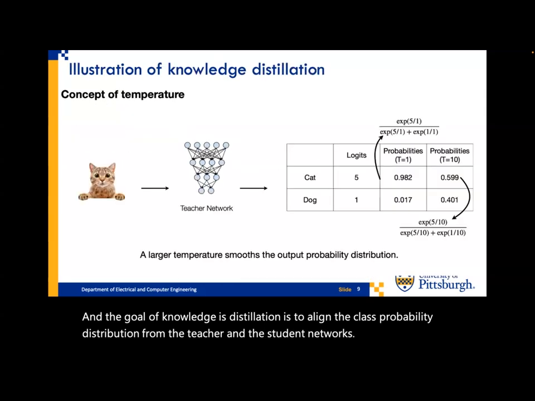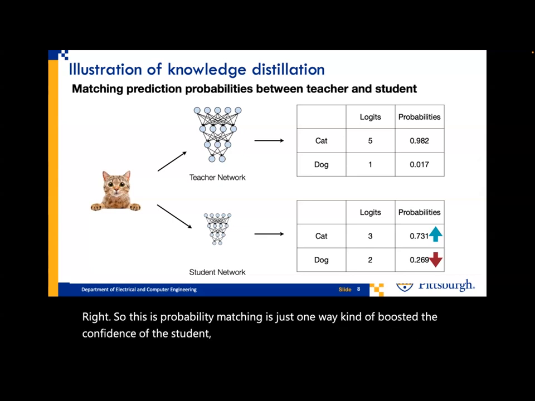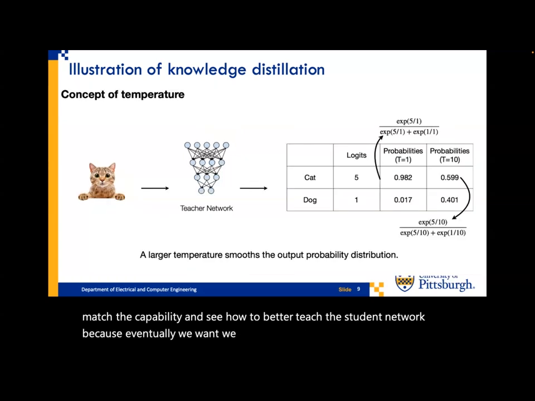So this probability matching is just one way of boosting the confidence of the student. People try different ways to match the capability and see how to better teach the student network, because eventually we care about the accuracy, right?